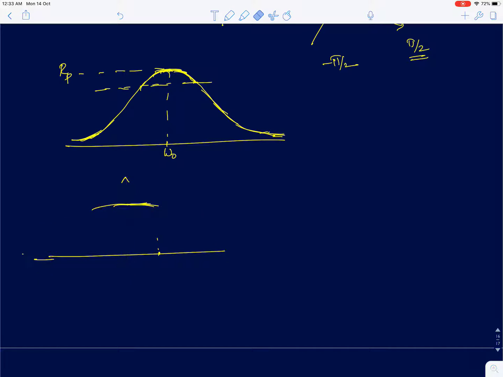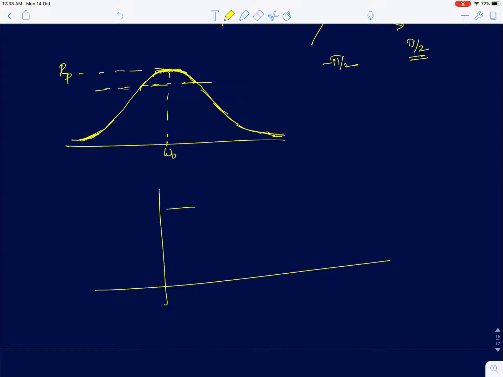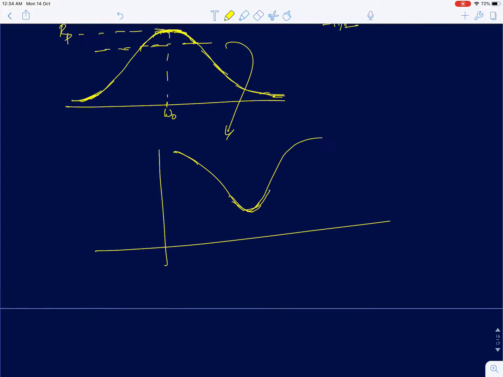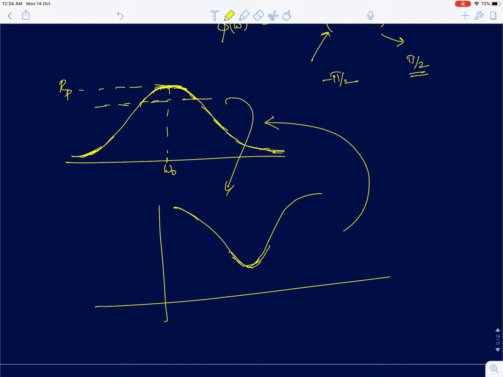In a similar way, for a series RLC circuit, the impedance is actually just an inverted version of the parallel RLC circuit. So it's going to start off with infinity, and it's going to reach a minimum value, and it's again going to increase. So if I take the admittance of a series RLC network, that's going to look like this function.